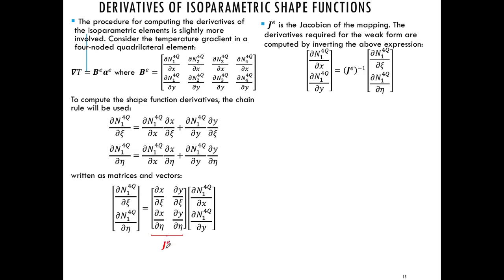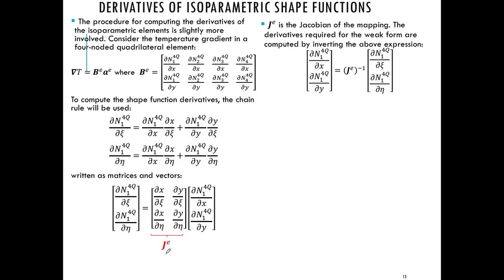Now the reason why this is called J is because this is actually a concept in coordinate transformations that exists anyway. This is referred to as the Jacobian of the mapping going from x to eta. The Jacobian is a concept independent of the finite element method.